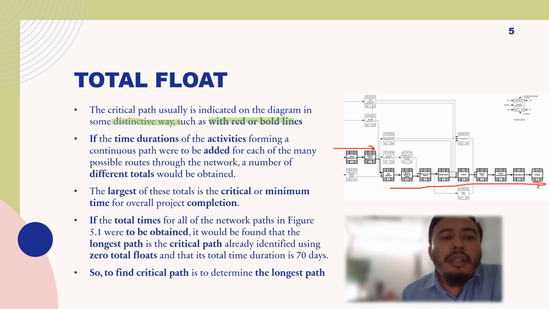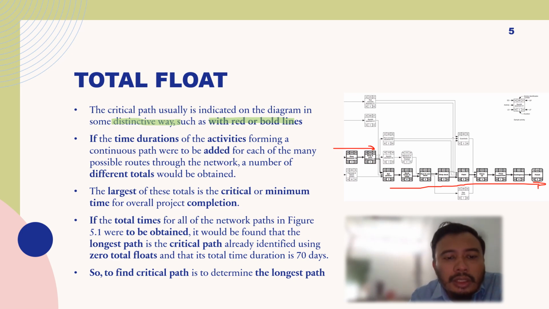You highlight the chain of activities so that people in the project team would know that these activities are critical in defining the completion date of the project. If the time durations of activities forming a continuous path were to be added for each of the many possible routes through the network, a number of different totals will be obtained.